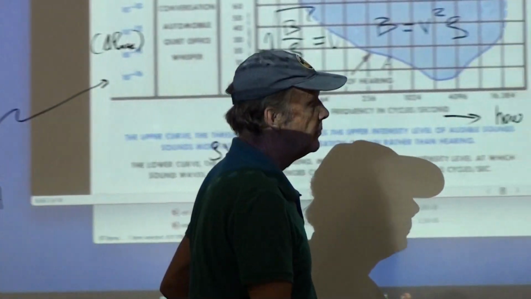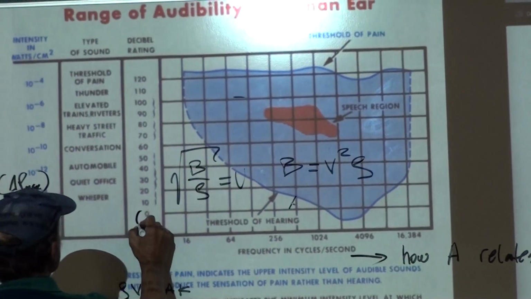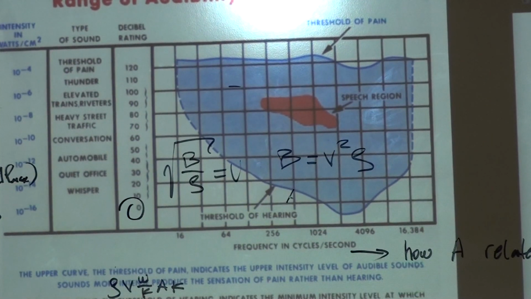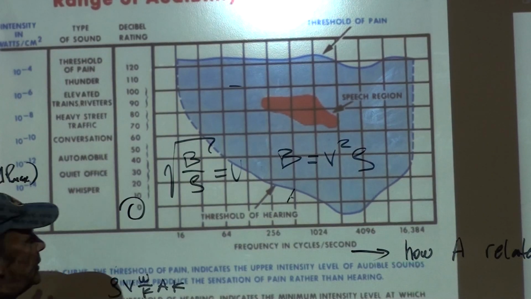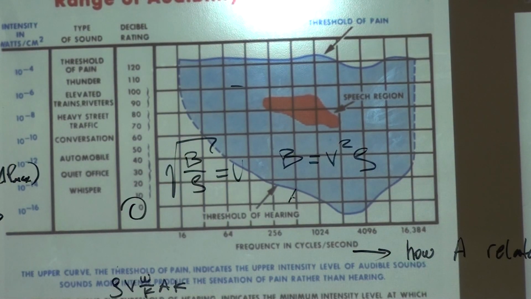And so with a minimum intensity of 10 to the minus 12 watts per square meter, we define that as being 0 decibels. Okay, so 0 decibels doesn't mean 0 sound. It just means that this whole thing is related to the minimum intensity of sound that the human ear can hear.